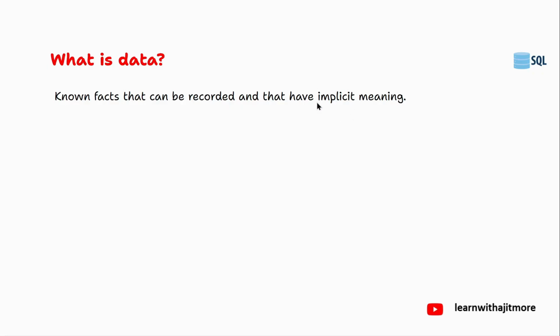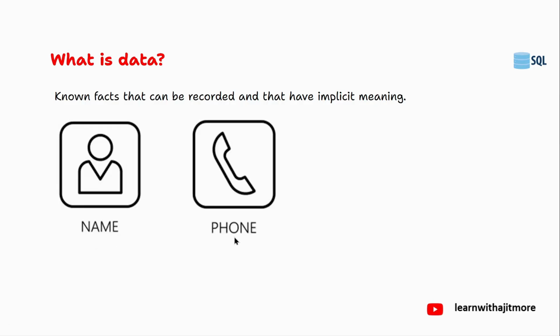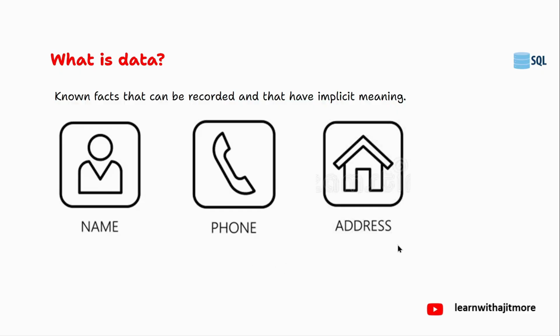And it has its original, pure meaning. Examples: names, phone numbers, addresses of students, all are data. The moment you register for the courses, I add you in the group, but I also maintain my data.